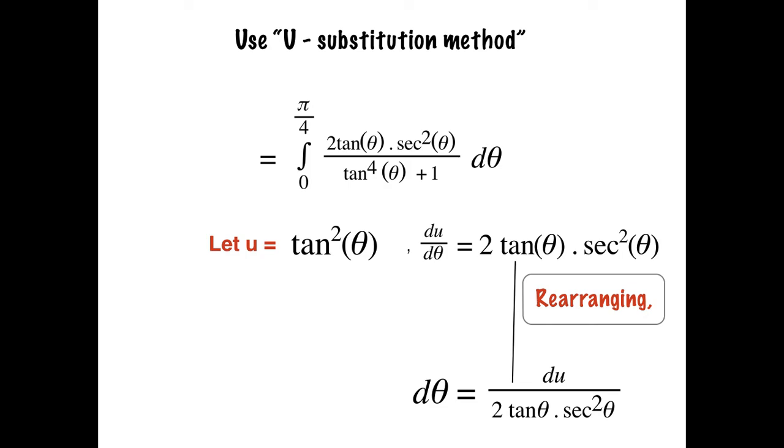That means u square will be equal to tan to the power 4 theta. Then you can use the basic integration formula that I presented in my second slide.